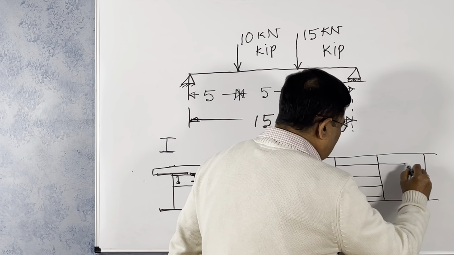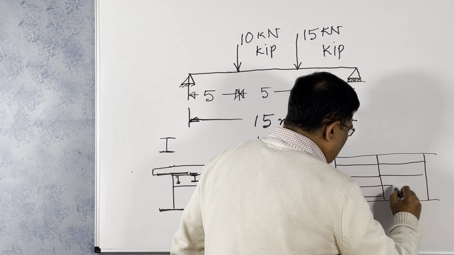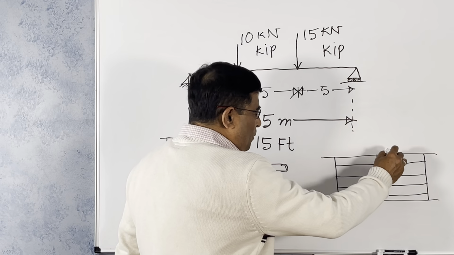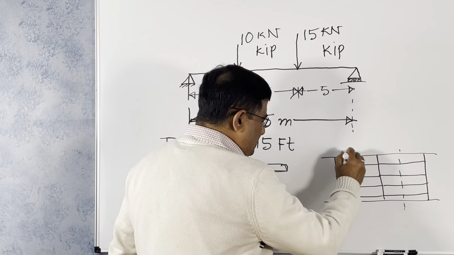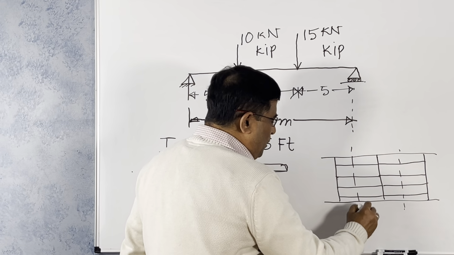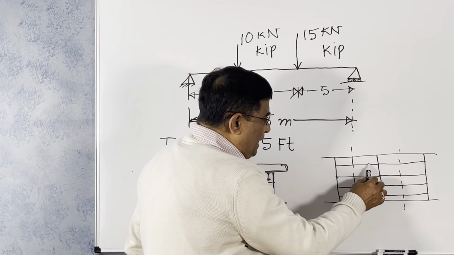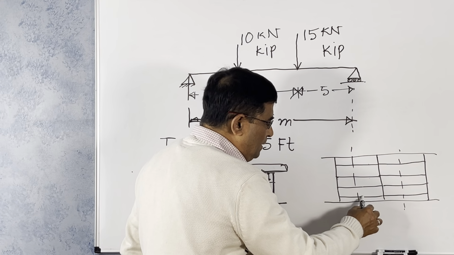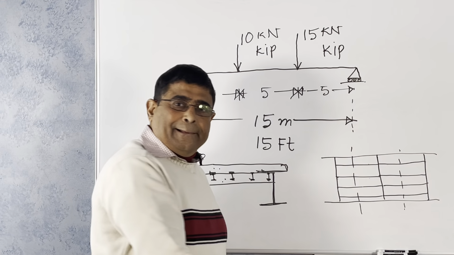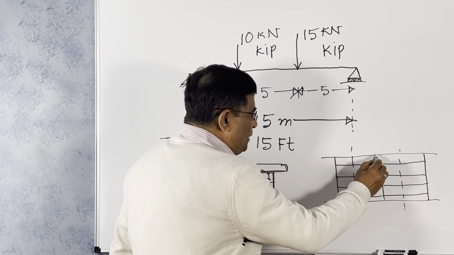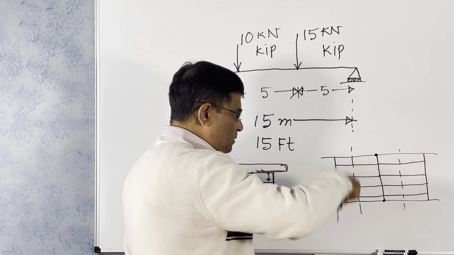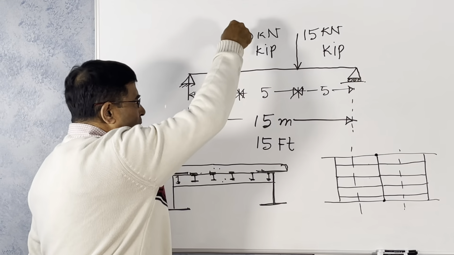This is the framing plan. Suppose this is the spacing between the floor beams. Whatever the deck load from here to here is carried by the stringers. The stringer is connected to the floor beam, and the floor beam eventually transfers the load at these two points. These loads are concentrated loads.